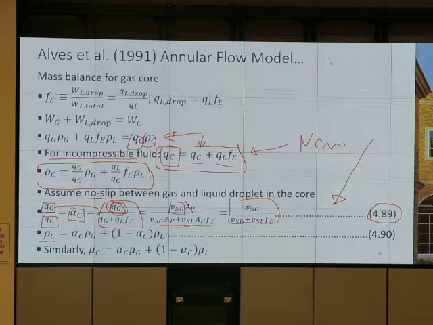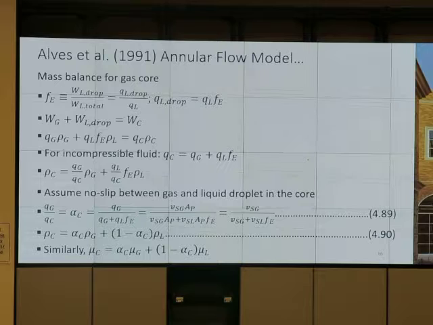Rho C, or core density, is that ratio times rho G, right? That ratio is alpha C, so we put it over there. Plus that ratio times rho L. So QL FE over QC is what? Liquid droplet flow rate over QC. So QC minus liquid droplet will be gas flow rate.